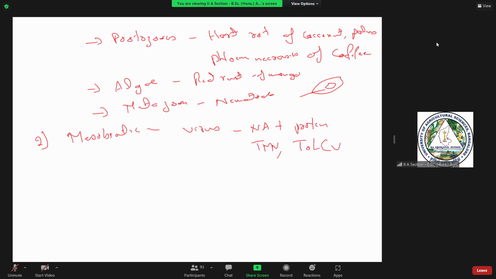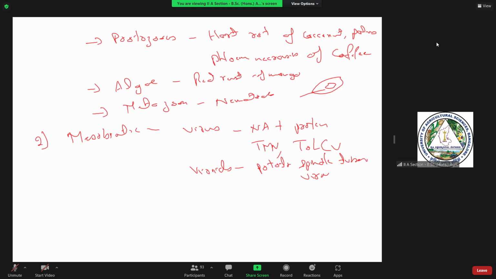And in the same mesobiotic group, we have the viroids, which I already mentioned, like the potato spindle tuber viroid. This is naked, without a protein coat, but it is also known to cause disease.